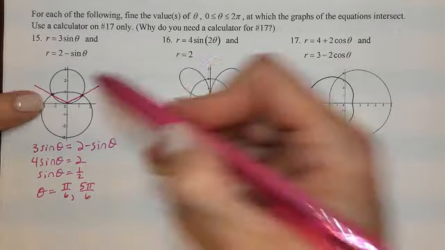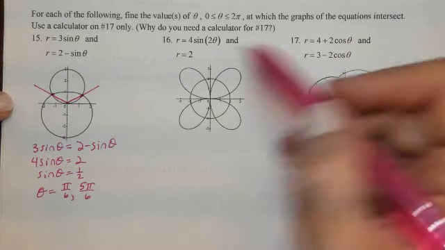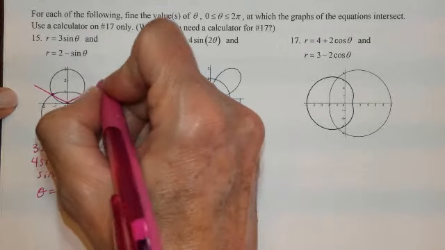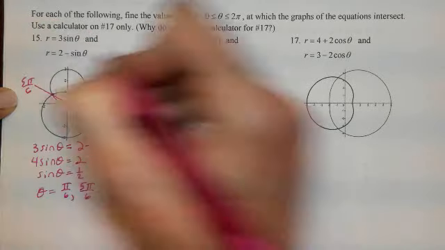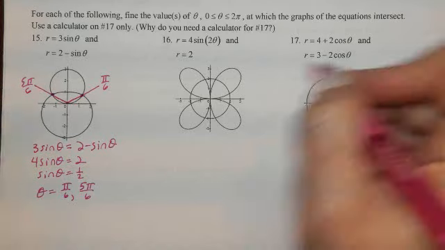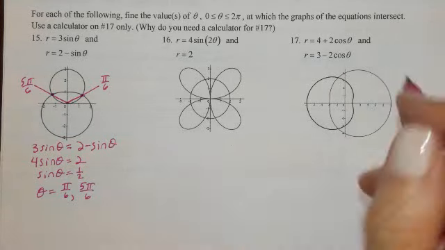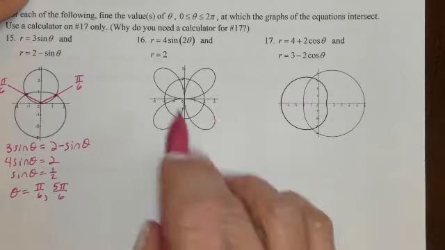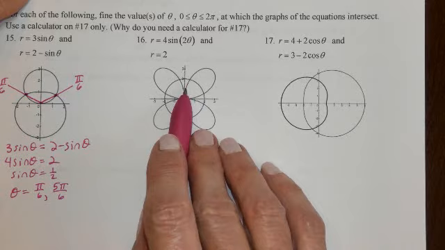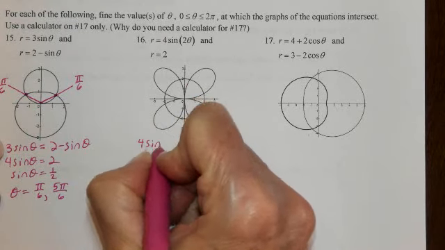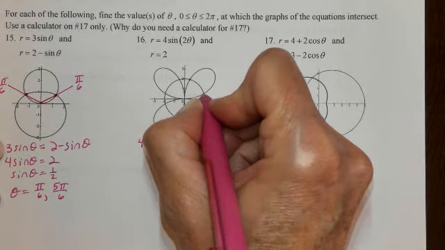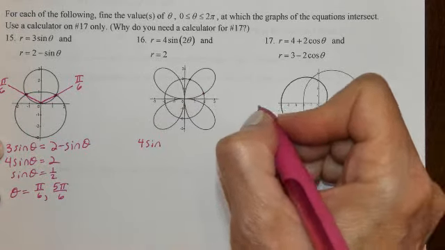So this is pi over 6 and that's 5 pi over 6. Visually it confirms. Over here we have a lot more intersection values, right? Do you agree?